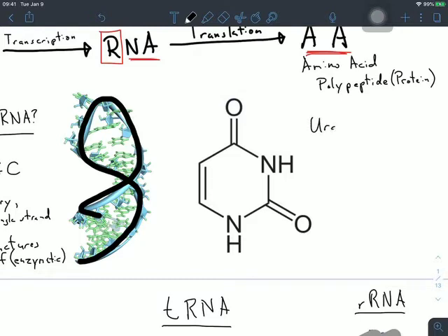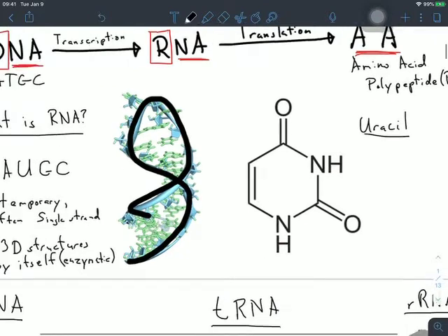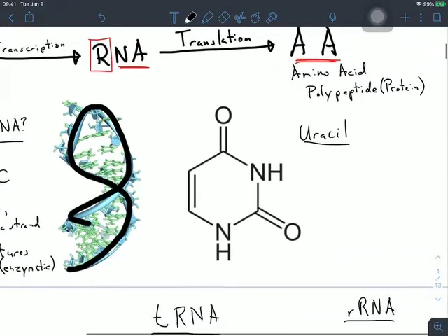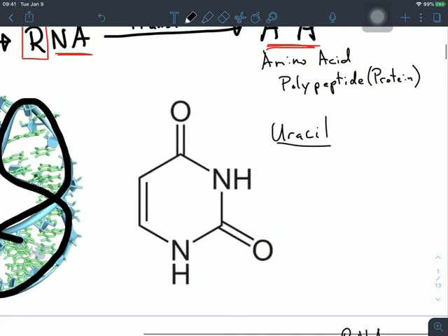So what exactly is uracil, and how does it compare to the letter it replaces? You'll note that the letter it replaces is thymine, the T. Uracil is actually a demethylated thymine, meaning that it has one less methyl group in it.